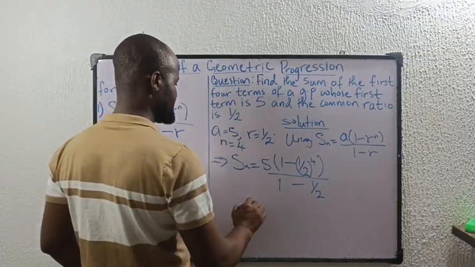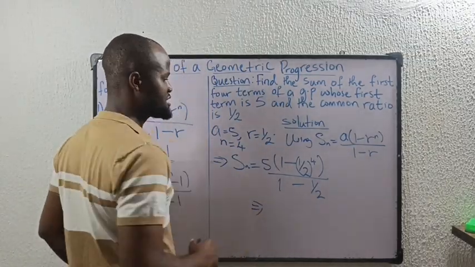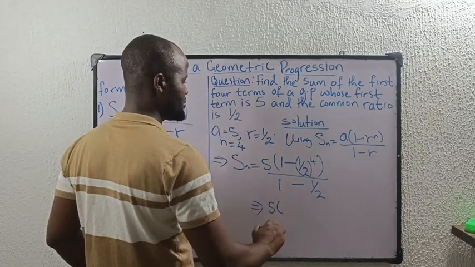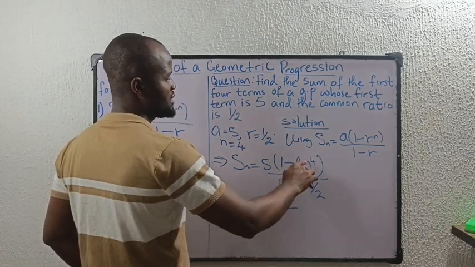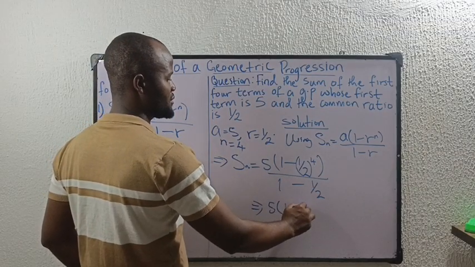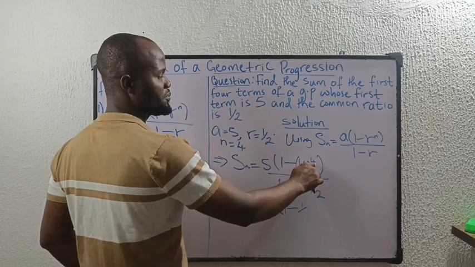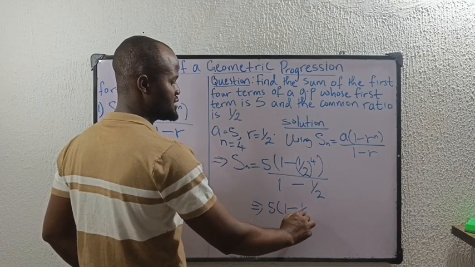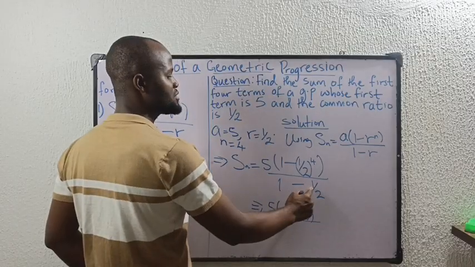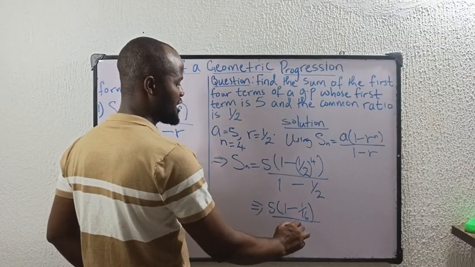Now this implies that, so let's simplify this bracket. So here we have 5, open the bracket, 1 minus, so 1 raised to the power of 4 is still 1, divided by 2 raised to the power of 4 is 16. Close the bracket. All divided by 1 minus half is half.